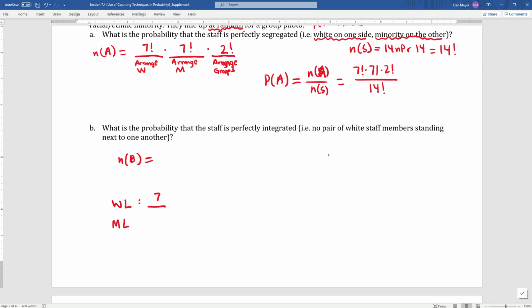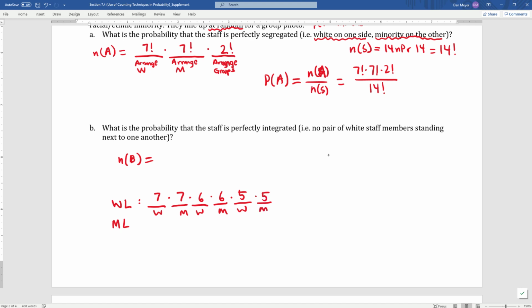The next person has to be a minority because we have to alternate, and there's 7 minorities to choose from. Then the next person has to be a white person. There's 6 to choose from. And then the next person has to be a minority. So we're going white, minority, white, minority. The next person has to be white. There's 5 left. The next person has to be a minority.